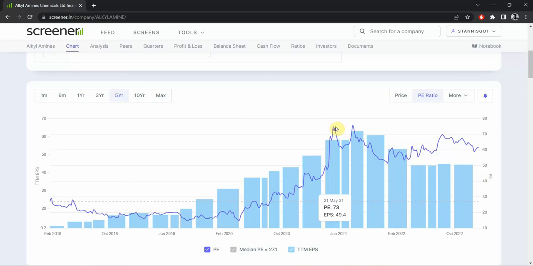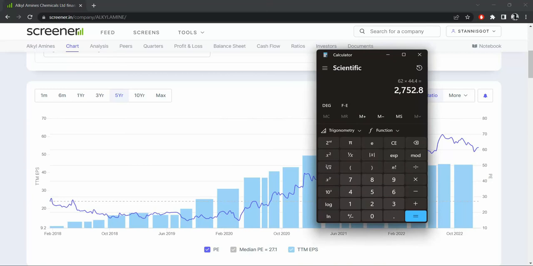So this particular stock, in March of 2020, was trading at an EPS of 30, PE of 15. If I do the math, 15 multiplied by 30, the stock was trading at around 450 bucks in March.